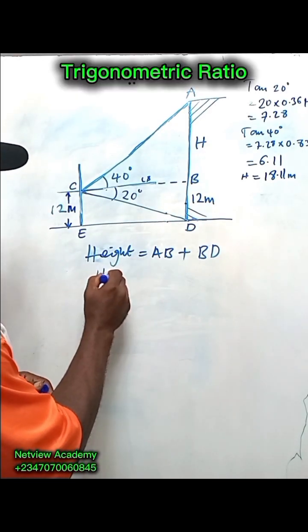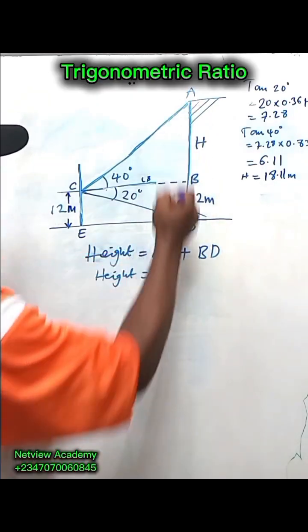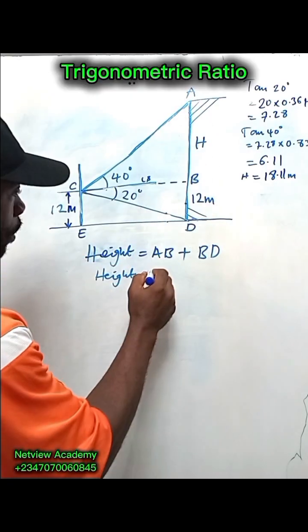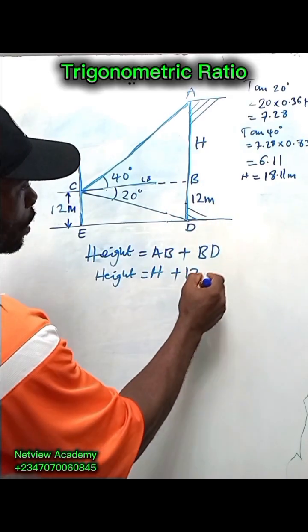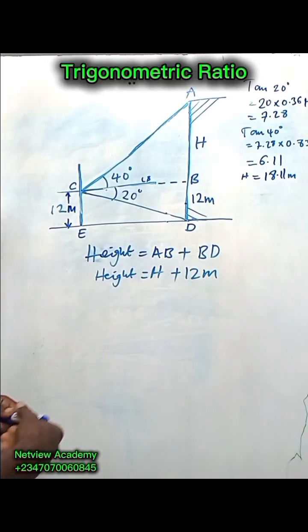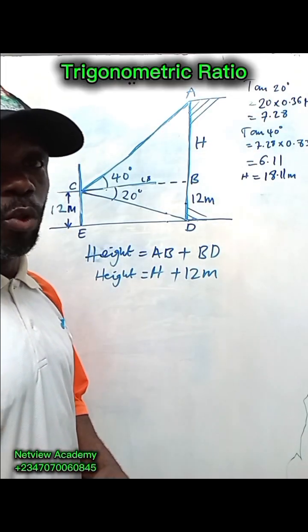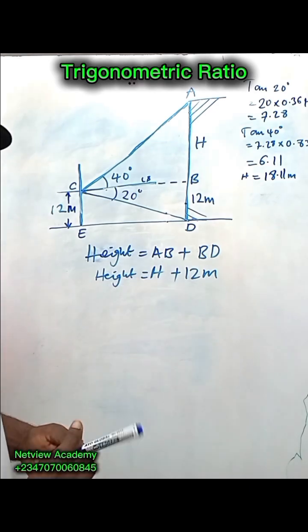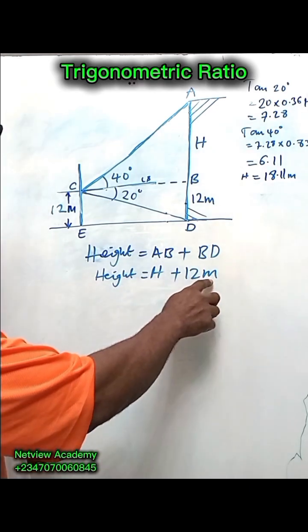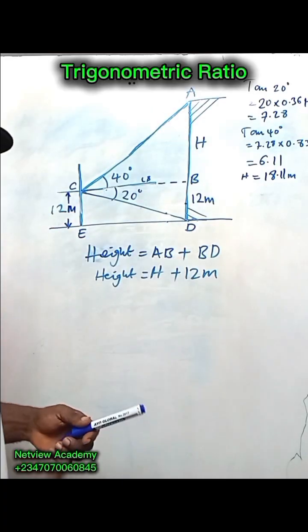Therefore, the height of the building is equal to H, the distance of AB, plus 12 meters. So now what we need to do in this question is look for the value of H. We add the value of H to 12 meters to get the height of the nearby building.